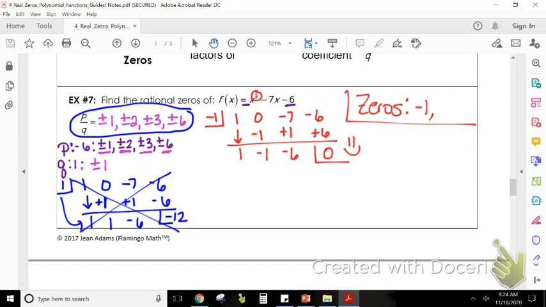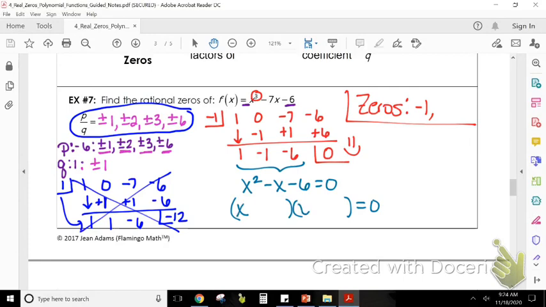So after I did this, I know that my equation that I got is x squared minus x minus 6. And so we're going to set that equal to 0, and either we're going to factor it or we're going to use our quadratic formula. This one is factorable, so I'm going to go ahead and do that.